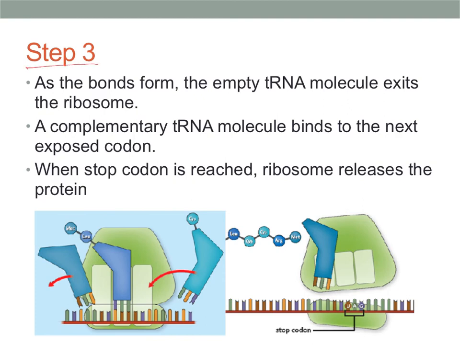Step 3. As the bonds between the amino acids form, the tRNA is pulled off, right? It's pulled off the codon, and it just goes out to the cytoplasm to find another amino acid that would match up with its anticodon. A complementary tRNA molecule binds to the next exposed codon, so this would be the next anticodon.